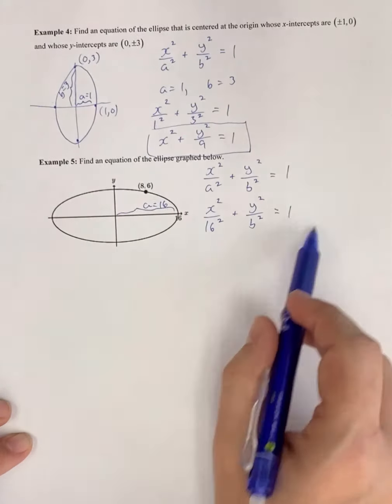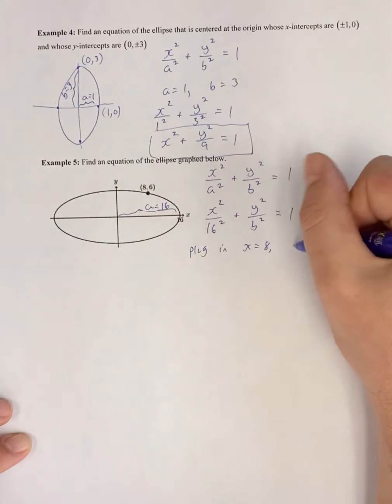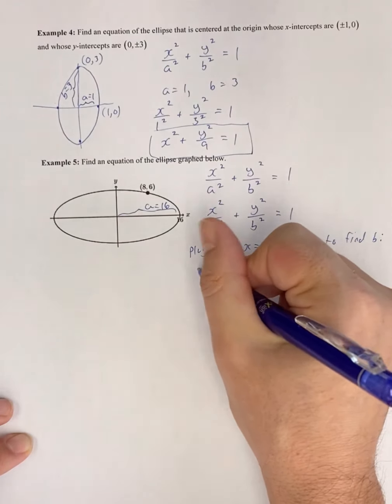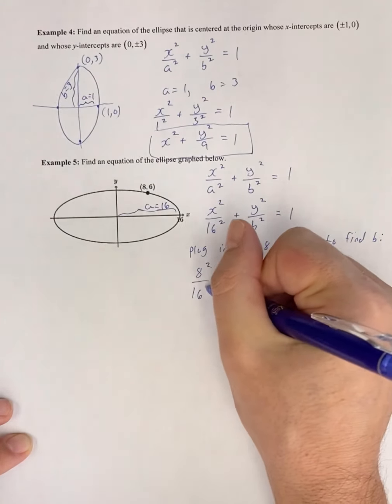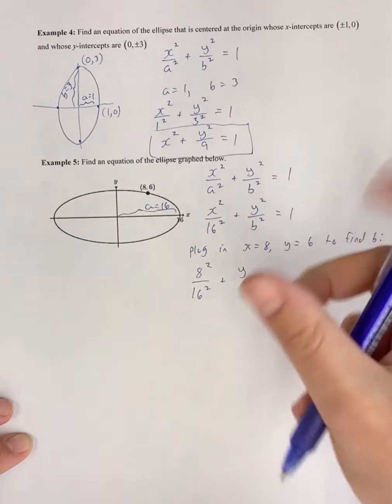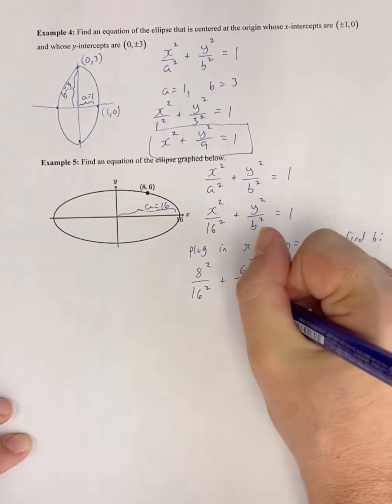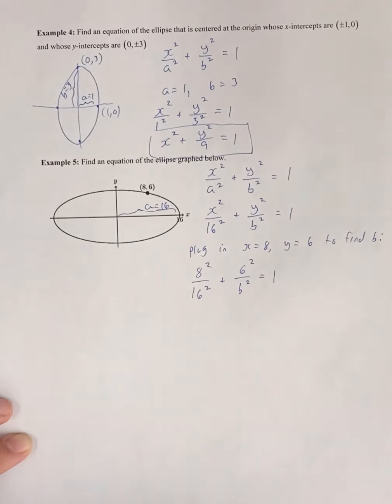So if I plug those in, then I can solve for B. So I get 8 squared over 16 squared plus 6 squared over b squared equals 1.